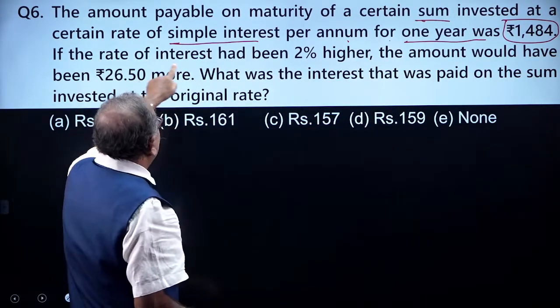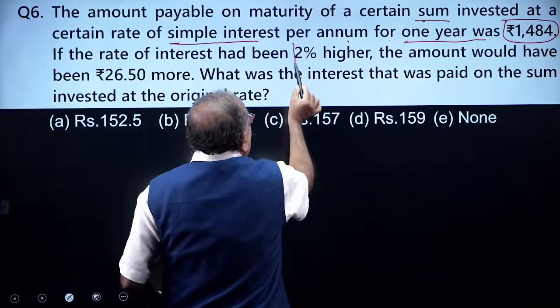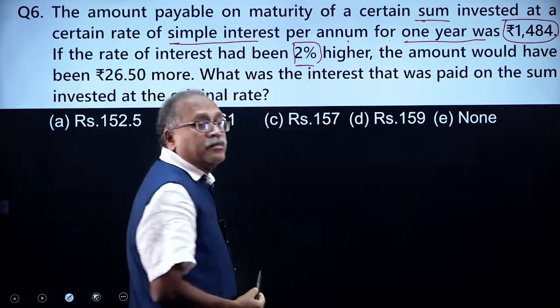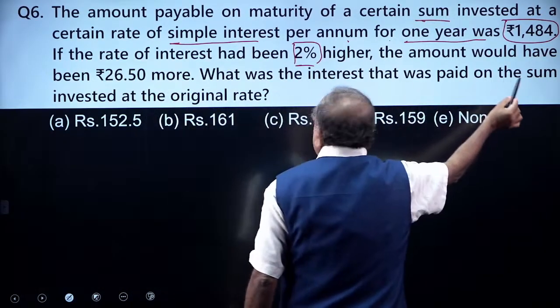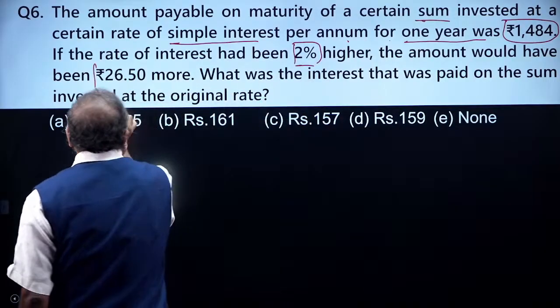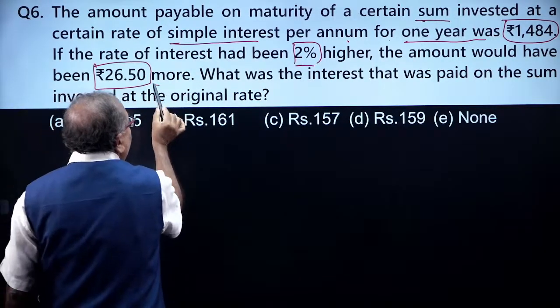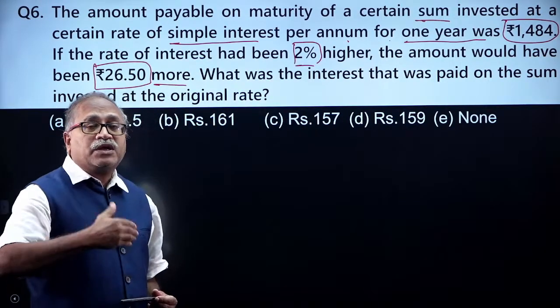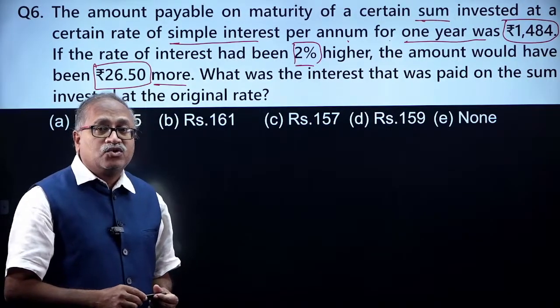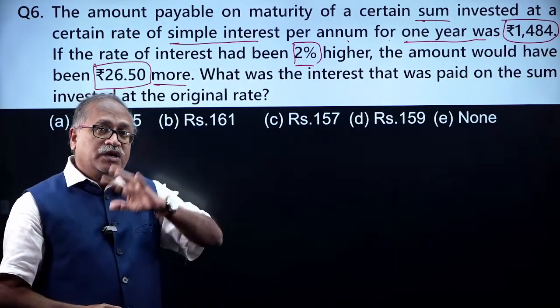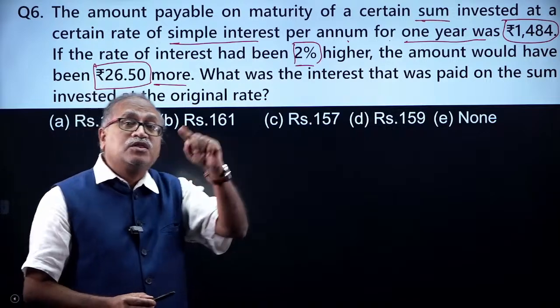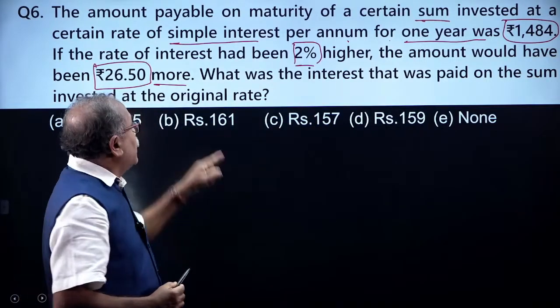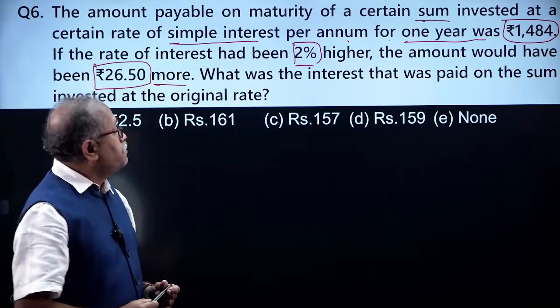Okay, if the rate of interest had been 2% higher, then the amount would have been 56.5 more. So if the rate of interest increases by 2%, it will be a 2% increase on the principal, and that is 26.5.